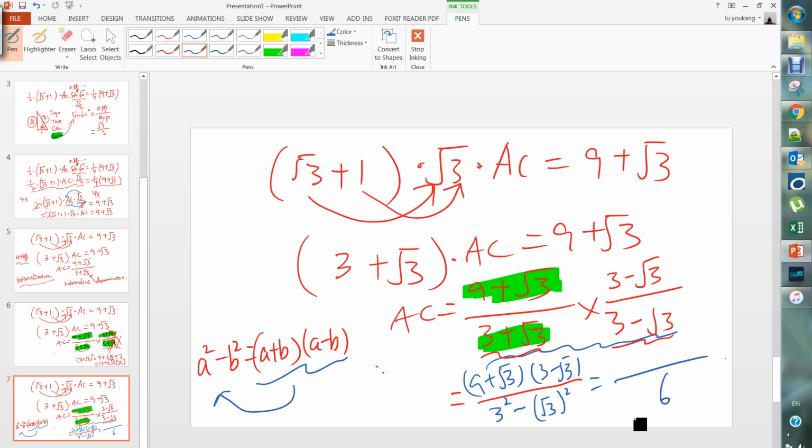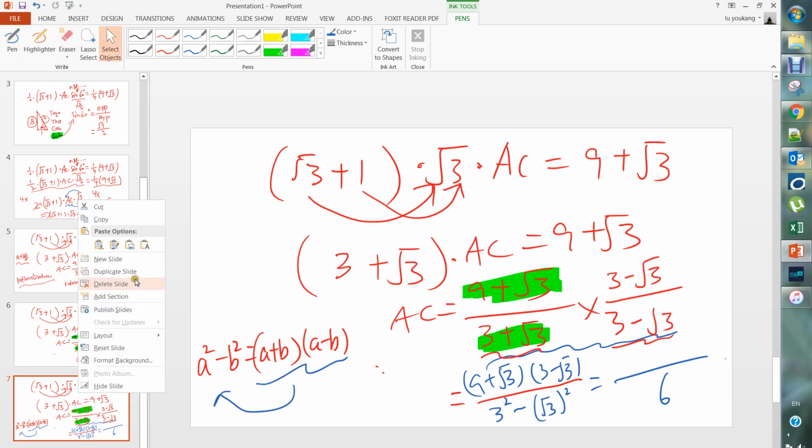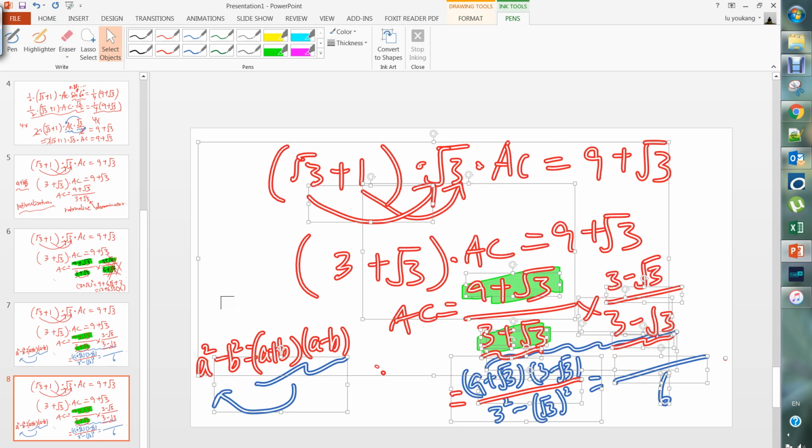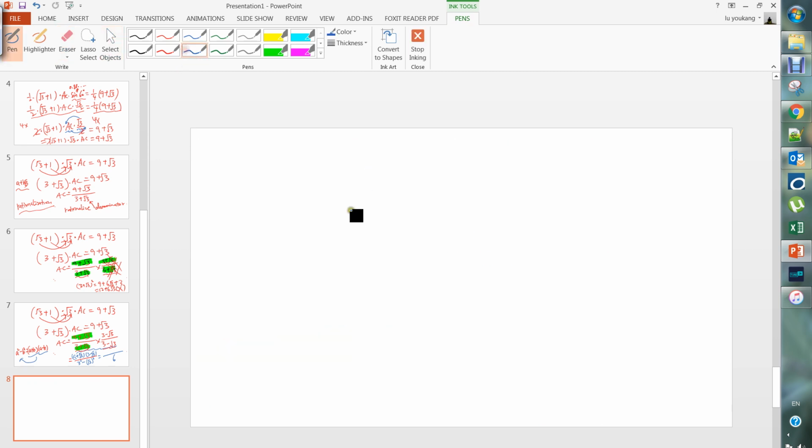Okay, so next, on top, what you need to do is you need to open the bracket, but I don't have enough space, so let me get to another page. Before I do, I need to erase this. So let me copy it down.